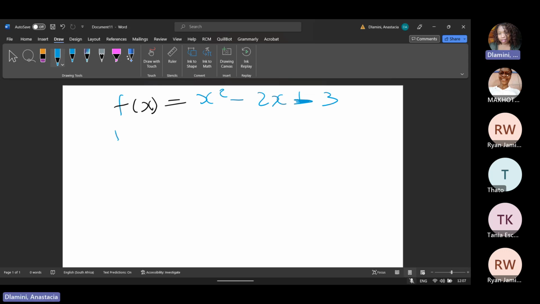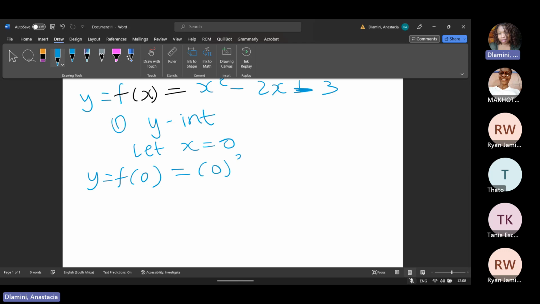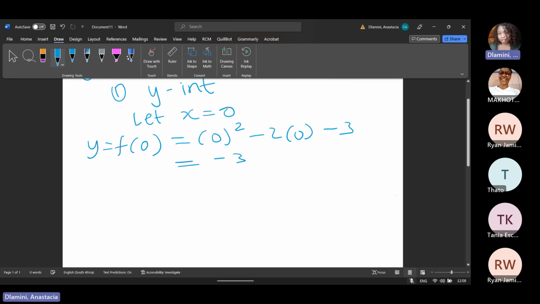In this case, let's start with the y-intercept. To find the y-intercept, we let x equal 0, meaning that wherever you see x, you substitute 0. Remember f(x) is the same as y. So the y-intercept is -3.